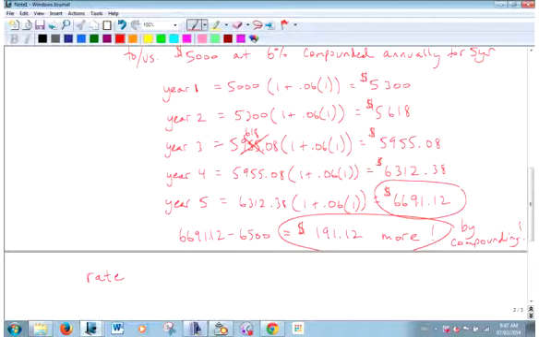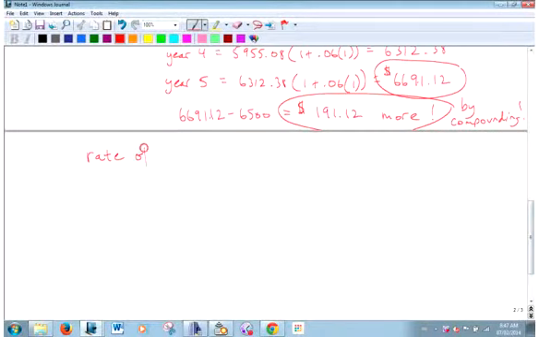Okay, what's the rate of return? Simple. Again, this is the amount we get in interest. So for simple first, let's compare these.